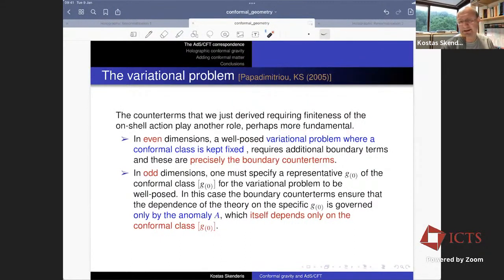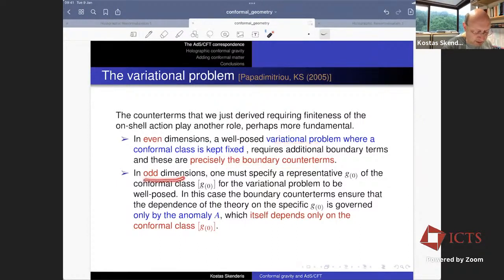As I discussed, the piece of data that the bulk problem... and if you try to do this, then you find that these counterterms that were derived by finiteness are exactly what you need. So these boundary counterterms are what you need in order to have a well-defined variational problem.